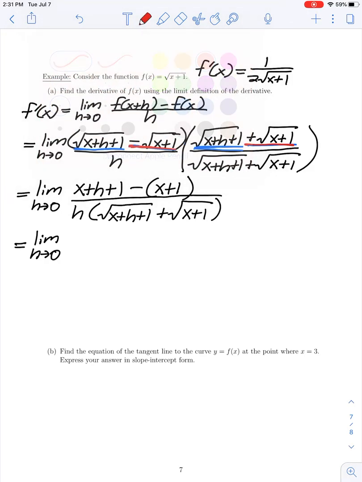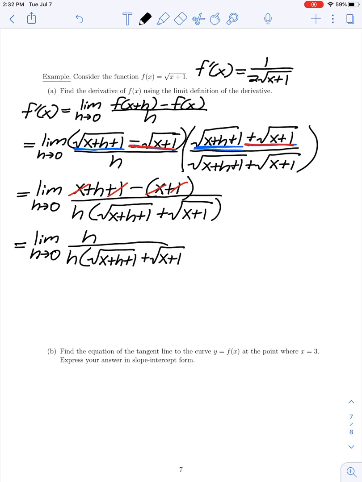And in the numerator, we see that our x minus x will cancel, and 1 minus 1 cancel, and we're left with h, which is then divided by h times the square root of x plus h plus 1 plus the square root of x plus 1.